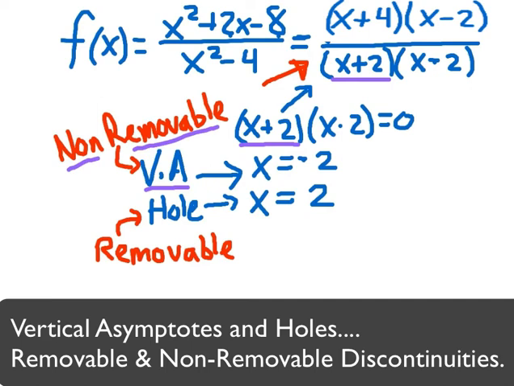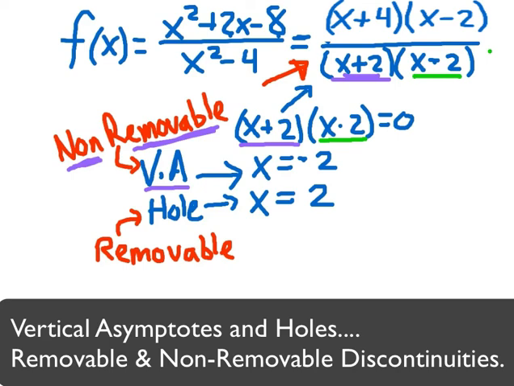Now if we look in this function, can we cross off the x plus 2? Can we remove it from this equation? Well, no, it's non-removable. Now let's look at our second factor here, x minus 2. And notice that x minus 2 gave us a hole at x equals 2. Now looking at our function, can we remove this from the function?